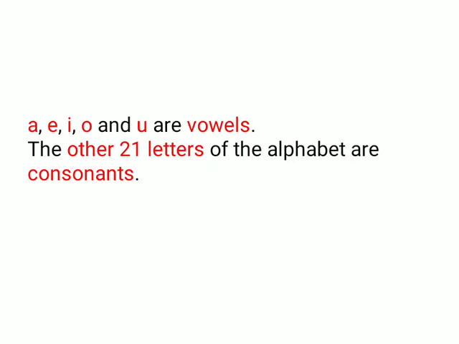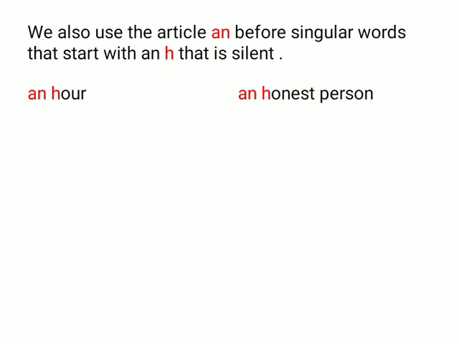We also use the article an before singular words that start with an H that is silent. I repeat, we also use the article an before singular words that start with an H that is silent. For example, an hour. Here in the word hour, H is silent.